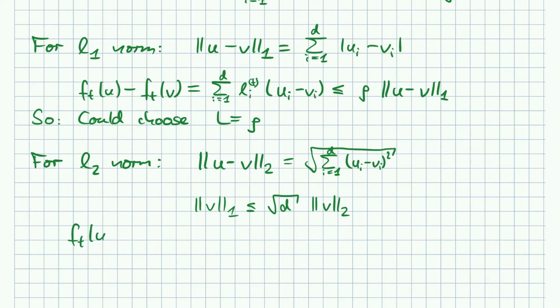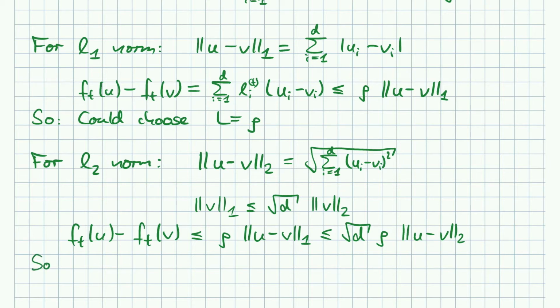We could now also say that ft of u minus ft of v will be, of course, at most rho times the L1 norm of u minus v, and this is no more than square root d times rho times this in the L2 norm. So in this case, we could choose L to be the square root of d times rho.